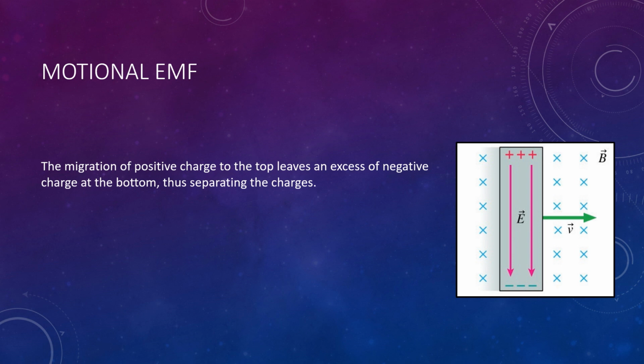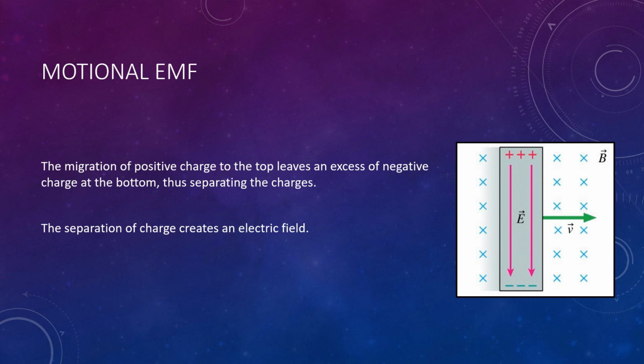Electric potential, or potential difference, in other words voltage, is created anytime charge is separated. And as a result, it produces an electric field. So we now have separated charge, plus on top, minus on bottom, and an electric field pointing, as we know, from plus to minus.